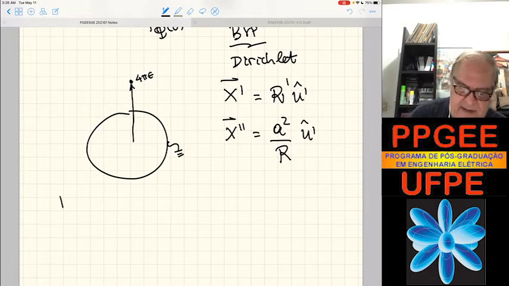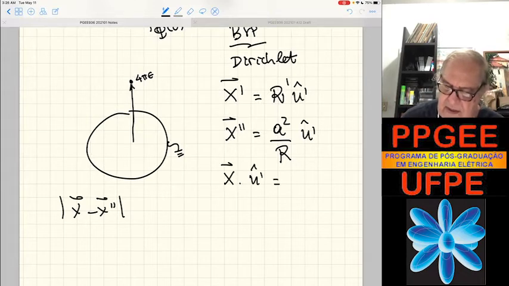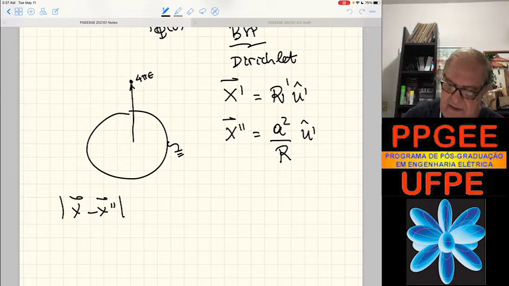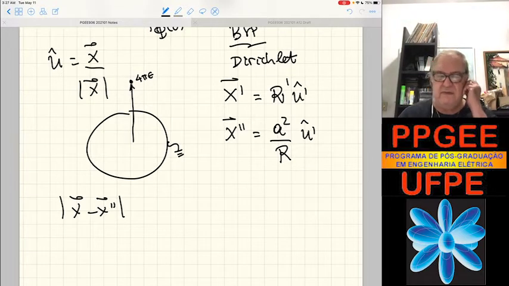So for x minus x2 prime, you see that x dot u prime equals, or in other words, let's call u equal to x over the magnitude of x, which is the radial vector, equal to a r.